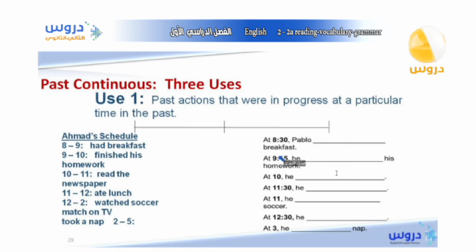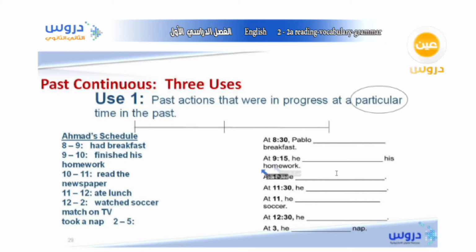So if you want to talk about Ahmed, we are going to talk about past continuous, because we are using a particular time in the past. When you are talking about a particular time in the past, we are going to use a past progressive or a past continuous.